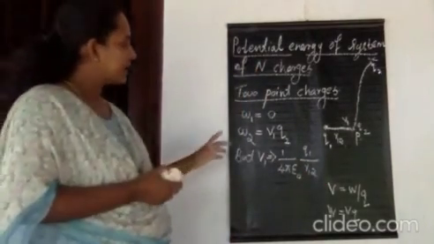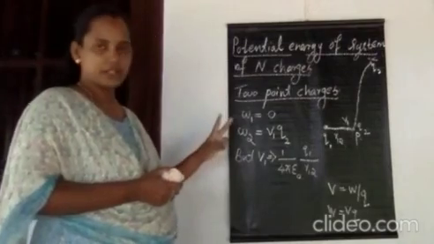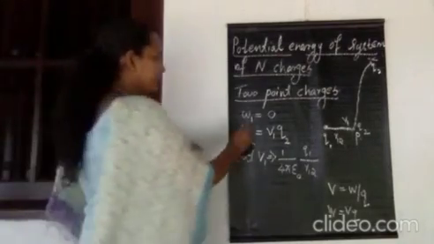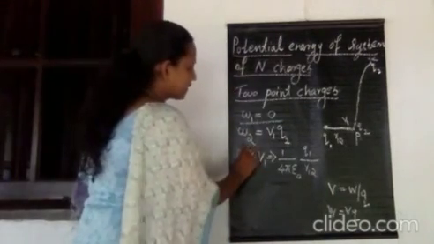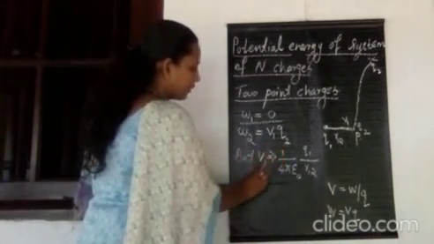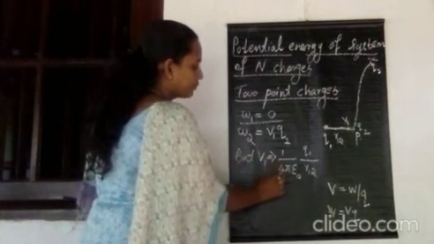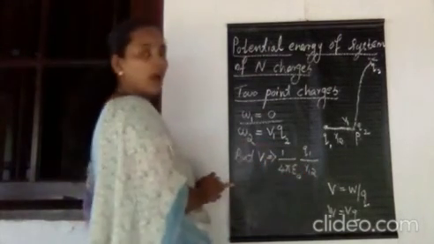So here we consider a system of 2 point charges. The work done to bring the first charge is 0. The work done to bring the second charge is W2, which is equal to V1 Q2. But what is V1? V1 is equal to 1 by 4 pi epsilon 0 Q1 divided by R12.